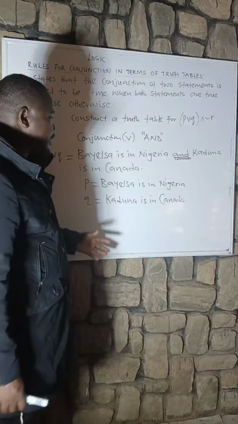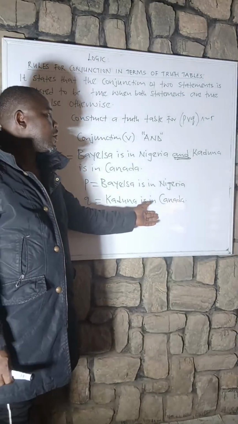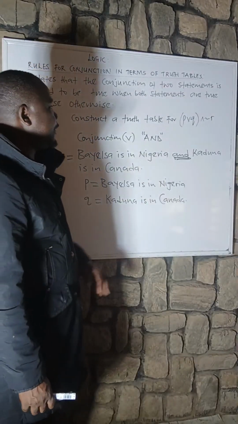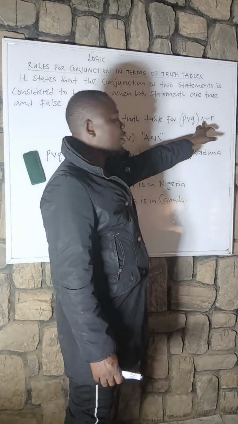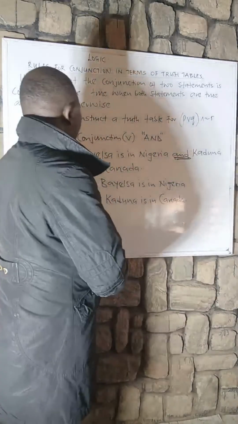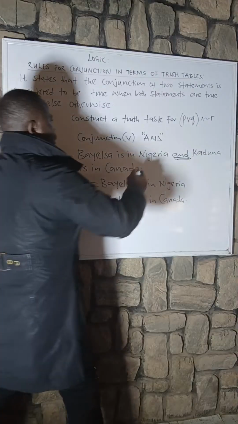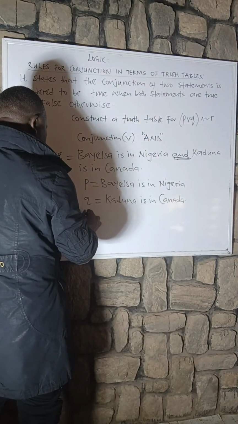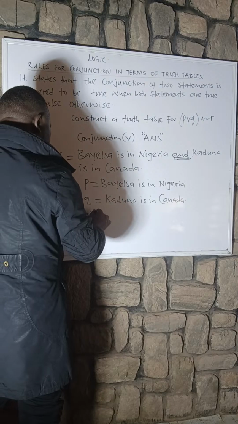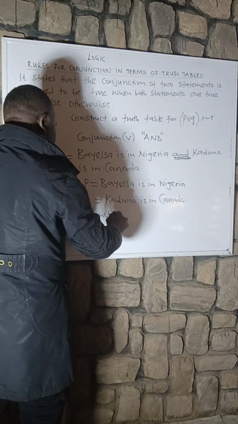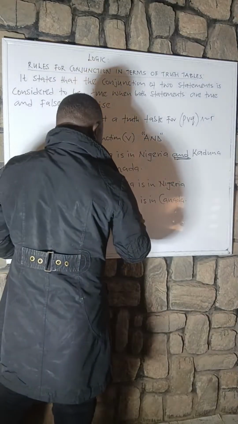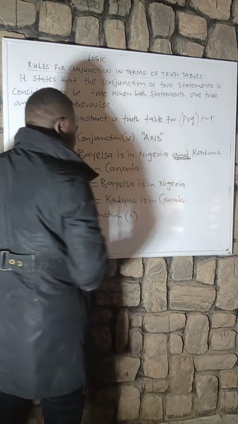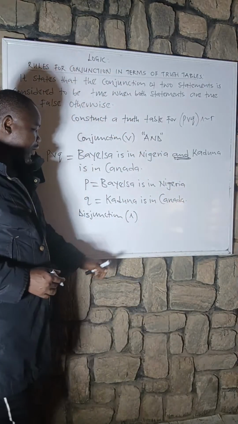So, as I was saying, can you see now? So, that is that. Then, here, this is the disjunction. It is denoted this way. This is the disjunction.